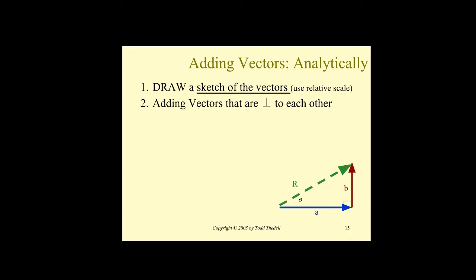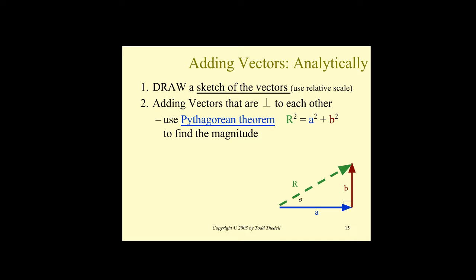So whenever we draw them out and they come out to be perpendicular, then we can easily use the Pythagorean theorem in order to find the magnitude. Recall that r squared, the hypotenuse squared, is equal to the sum of the squares of the legs.